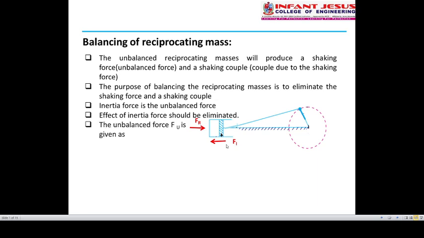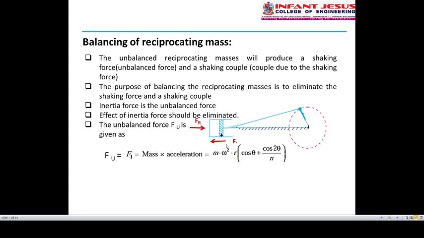The unbalanced force, as we already saw in the first unit, is the inertia force. It is given by the equation: inertia force, that is mass into acceleration, equals m omega square r into cos theta plus cos 2 theta by n.